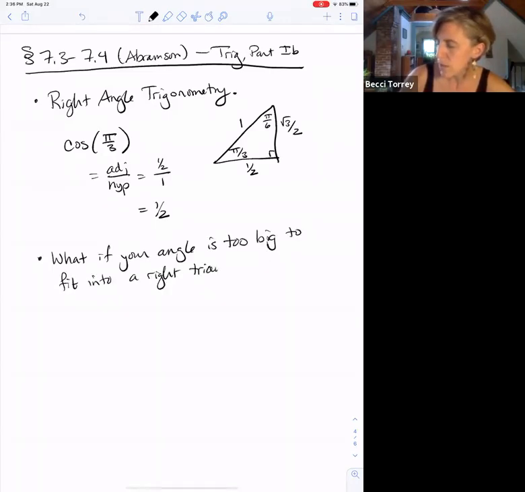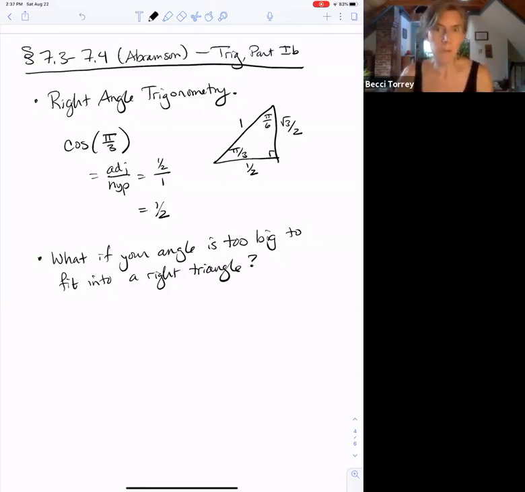Right, so again, stepping back for a moment to degree measure of angles, because for most people, that's what you're more familiar with. For example, what if your angle is 120 degrees? Which again, we're trying to convert over to radians. This is 2 pi over 3 in radians. An angle of 120 degrees.